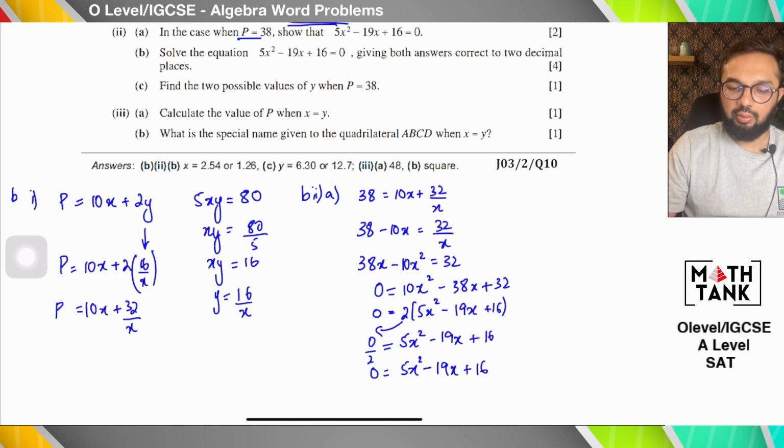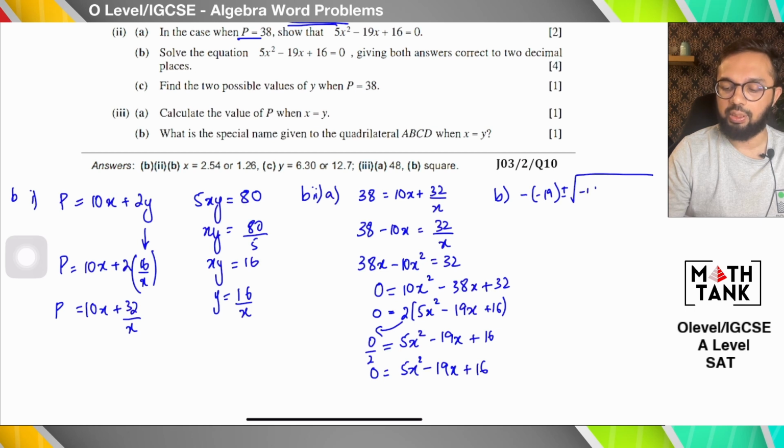Okay, then B, solve the equation 5x squared minus 19x plus 16 equals 0, giving both answers correct to two decimal places. Again it's a simple question on solving a quadratic equation. So I'm going to say minus b plus or minus root of b squared minus 4ac over 2a.